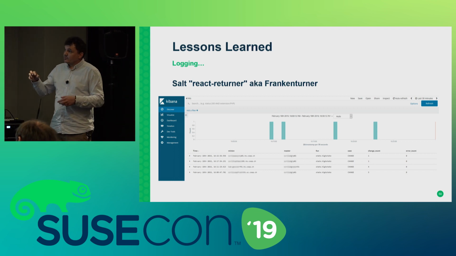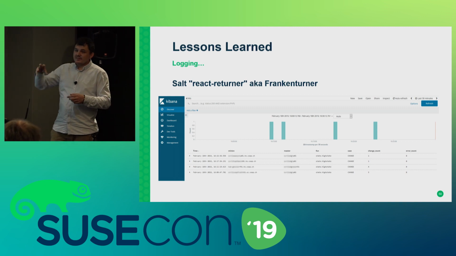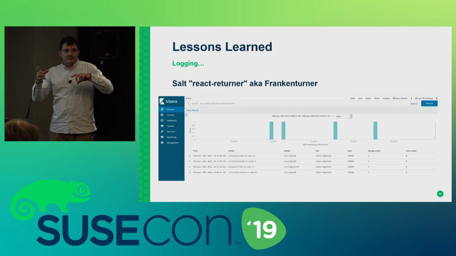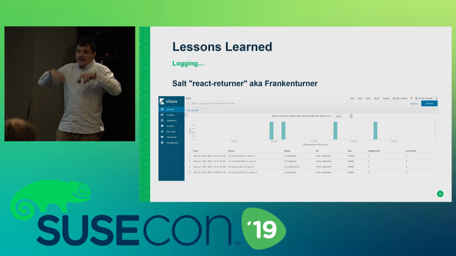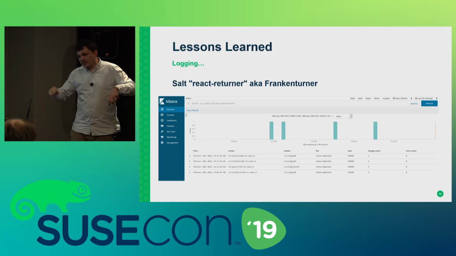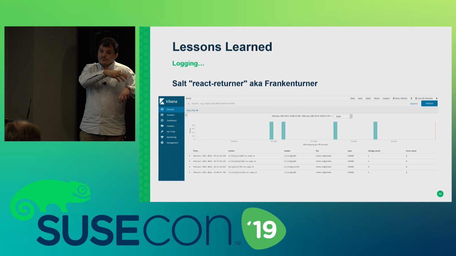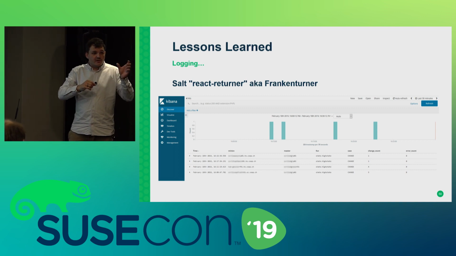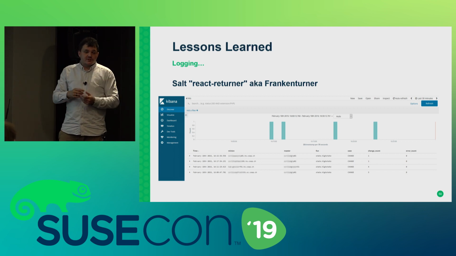Okay, and what we built is our own returner, and it's basically a reactor returner. Or you can say Frankenturner, because it reacts on every job a minion has run. Because when a minion is finished running a job, it reports that back to the SUSE Salt master with a job ID. And what we then do is react on that job, on every job, and we scan that job for changes and errors.